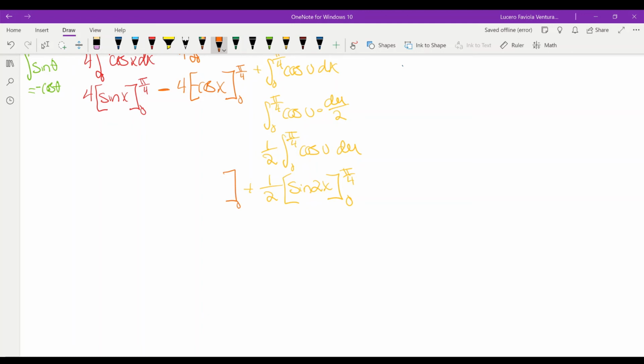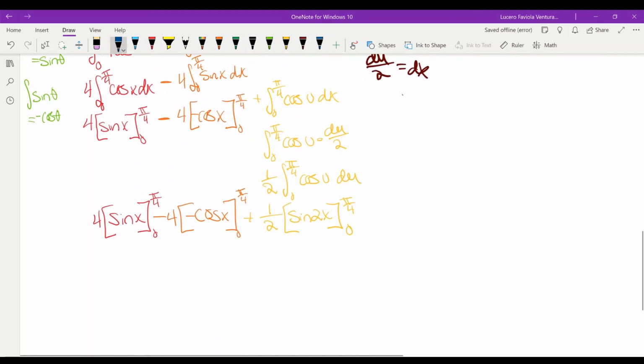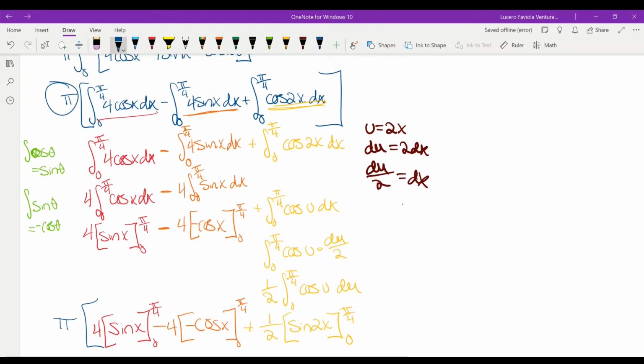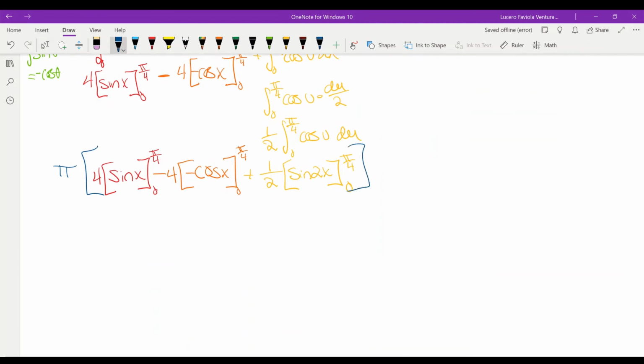And then we'll bring down our other functions that we wrote and integrated up there. So the 4 negative cosine x from 0 to pi over 4, and then the 4 sine x from 0 to pi over 4. And then we also started off with a pi, so we have to bring that down as well from before. Then our function should look like this for now.